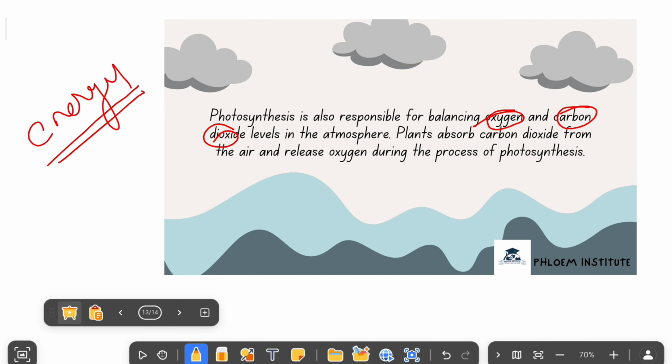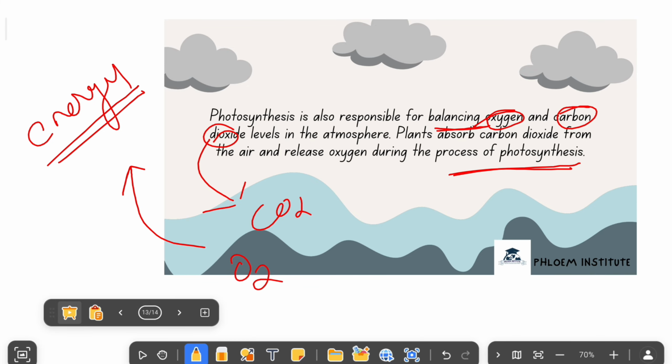So what will these plants do? They will maintain the balance of oxygen and carbon dioxide by absorbing the carbon dioxide and releasing the oxygen. So they balance the oxygen and carbon dioxide in the atmosphere by using the process of photosynthesis.